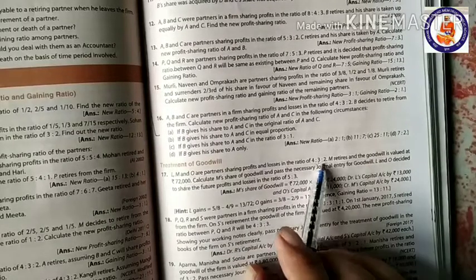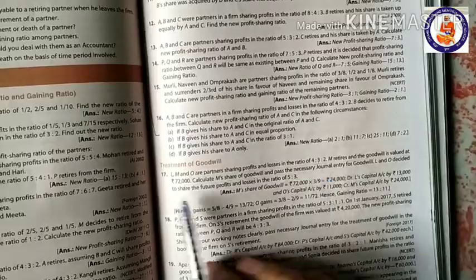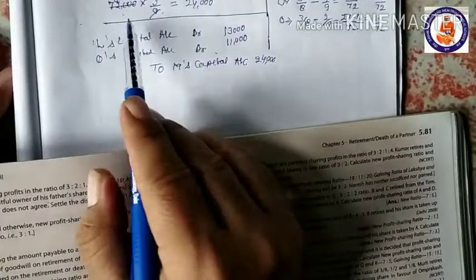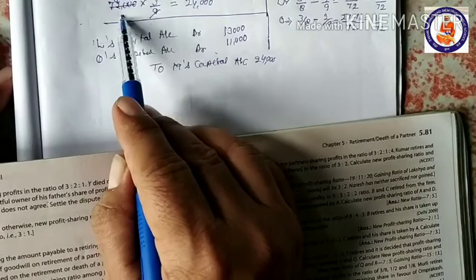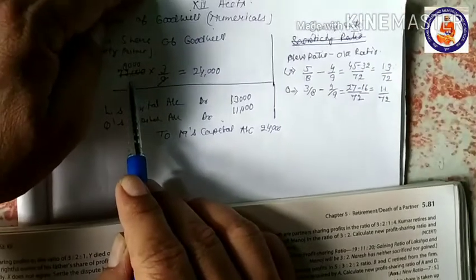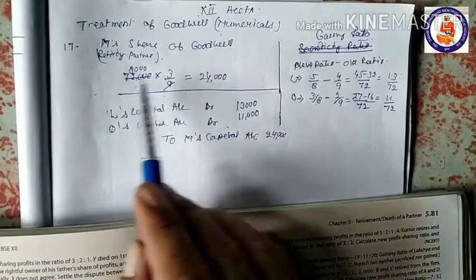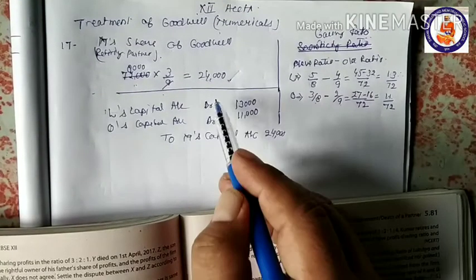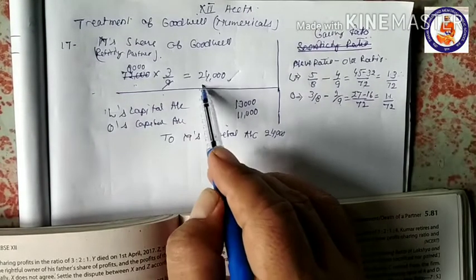So M's share will be 3 upon 9 of 72,000, which is 24,000. This is the share of goodwill.